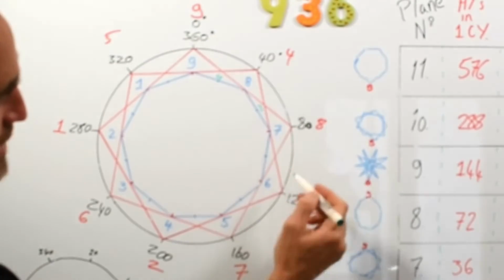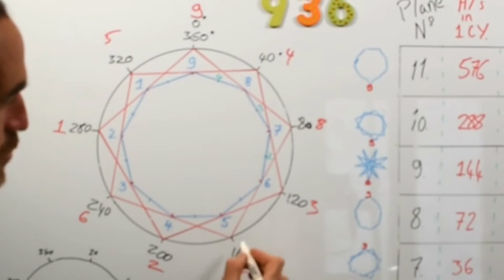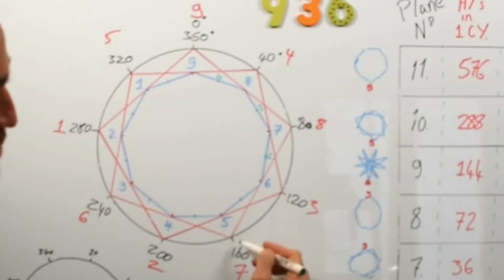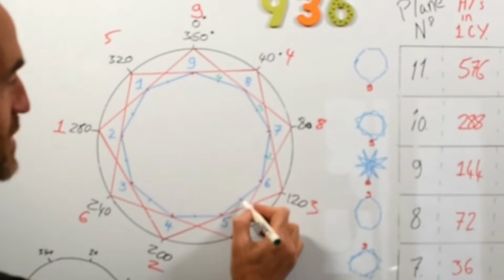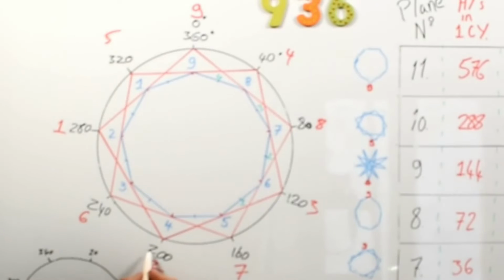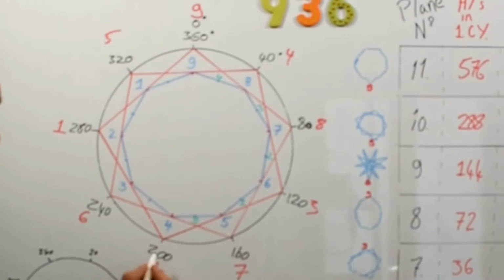Between 80 and 120, it's 200. So that comes out as a 2. 160 plus 120 is 280, which comes down to be a 1. And then 200 and 160 goes 360. So that's going to be a 9.